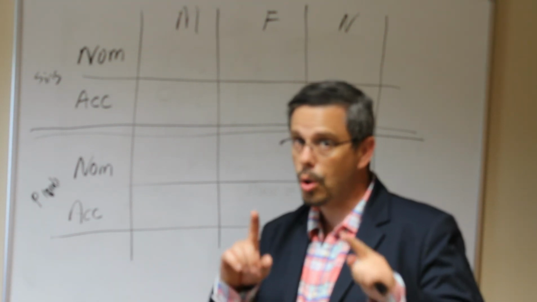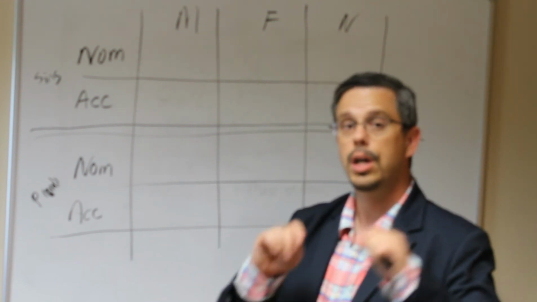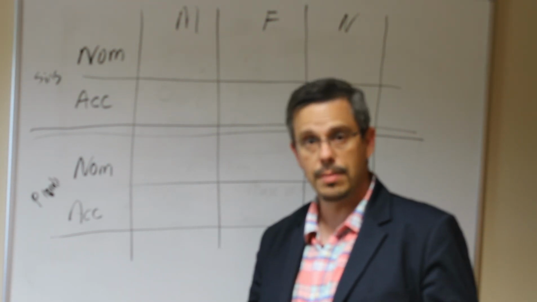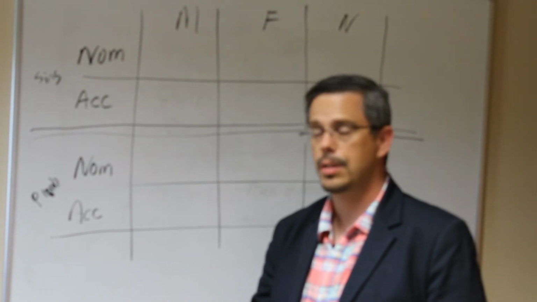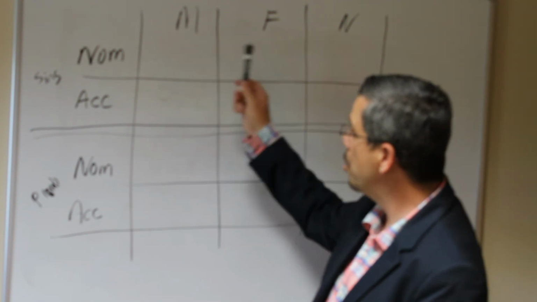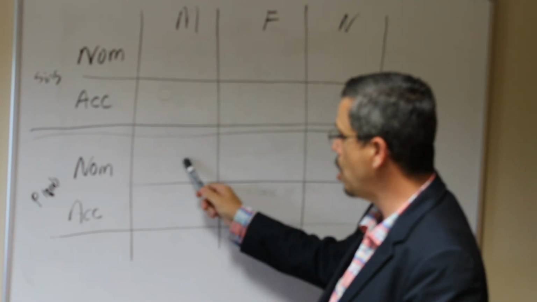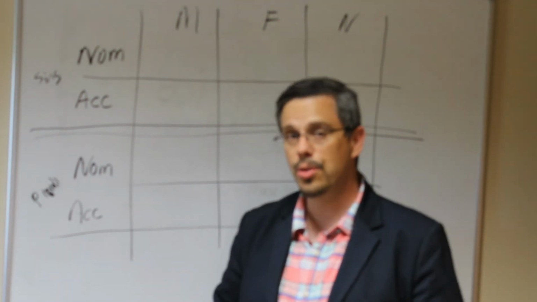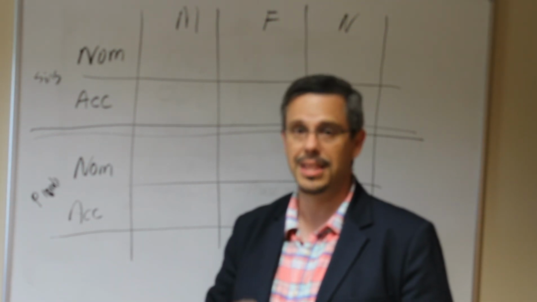Nominatives are the subject or predicate nominatives. Accusatives are the direct objects, regardless of where they find themselves in the order of the sentence. So the next thing we're going to learn in the next video is what these different endings of these nouns are. Okay, so we'll talk about how to learn those and how to recognize them in the next video.